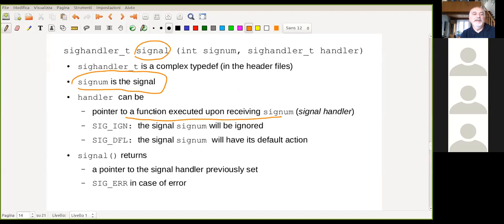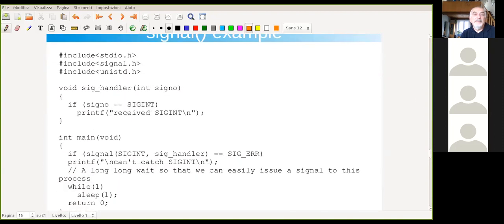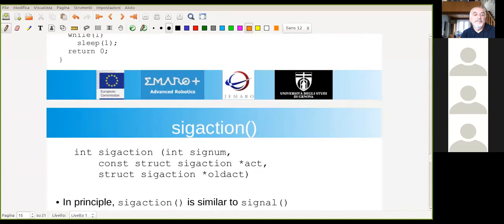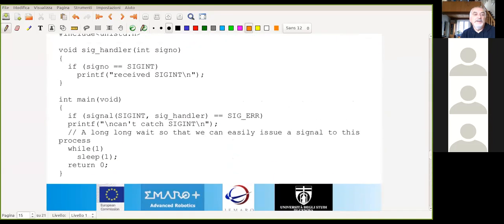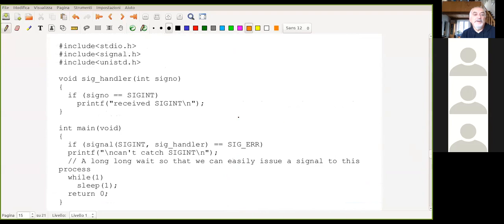This is the signal handler. The sighandler, this structure is used in the signal call here. This is the simplest handler.